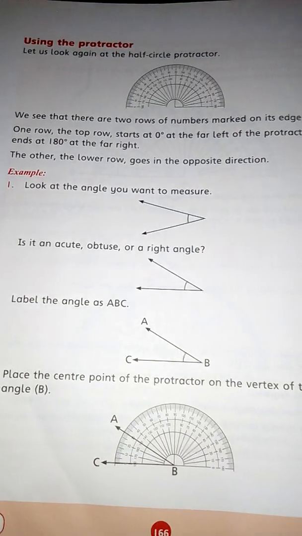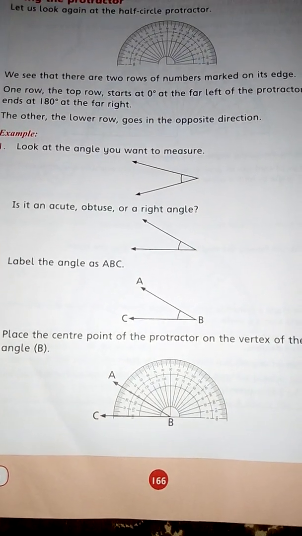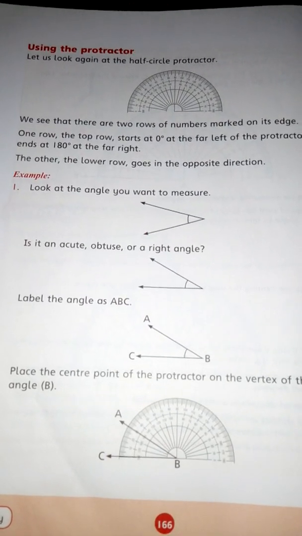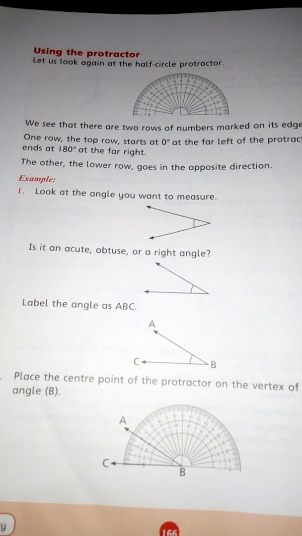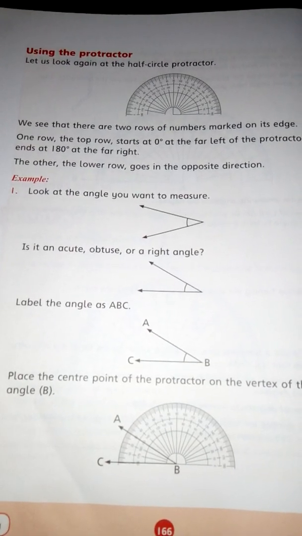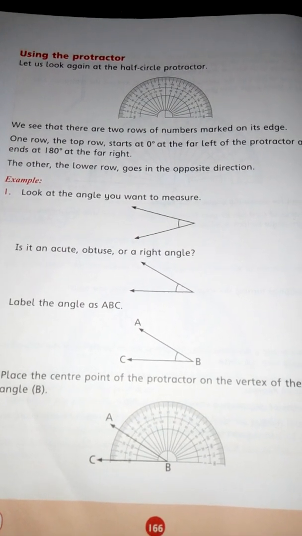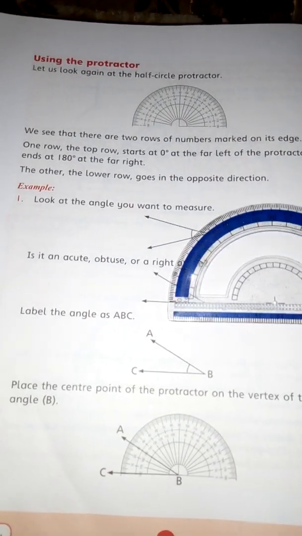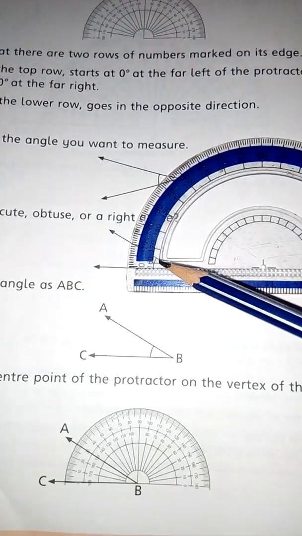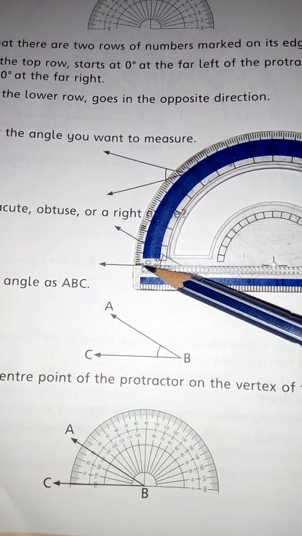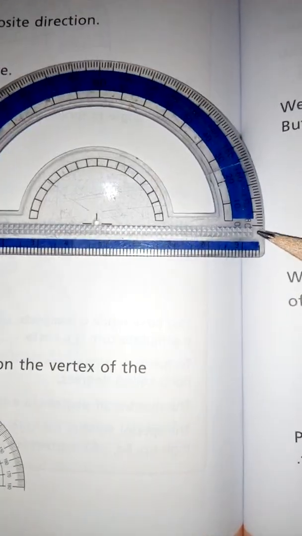My children, if you have your countdown, on page number 166 they have clearly mentioned the steps on how you are going to use this protractor. Just now I told you that there are 2 types of scale present on your protractors. The lower scale, which is starting from 0 and ending on 180 degree, and the upper scale, which is starting from here 0 degree and ending on 180 degree.